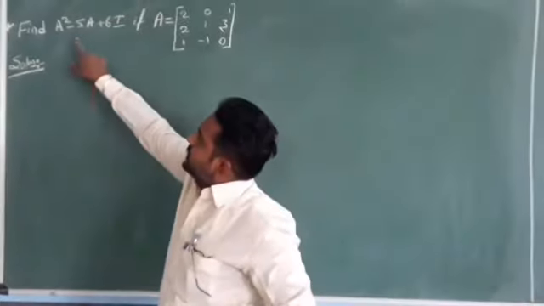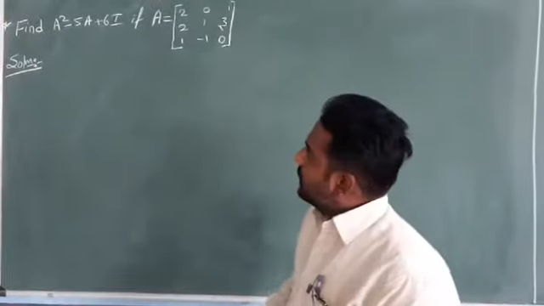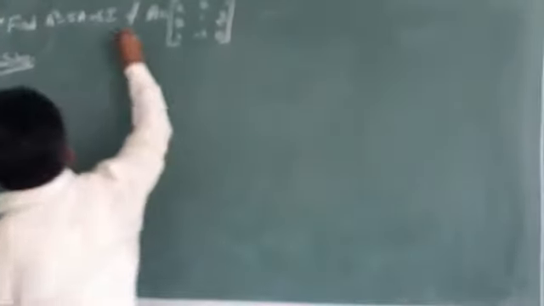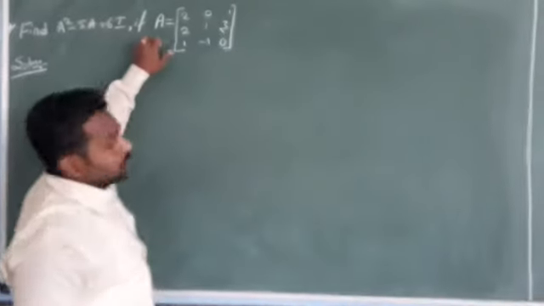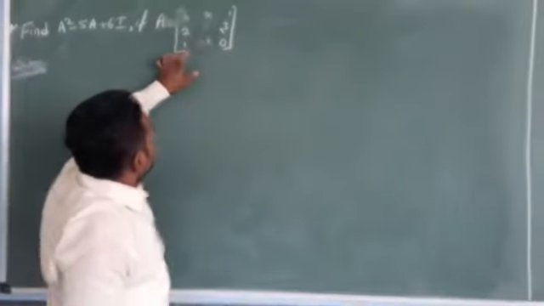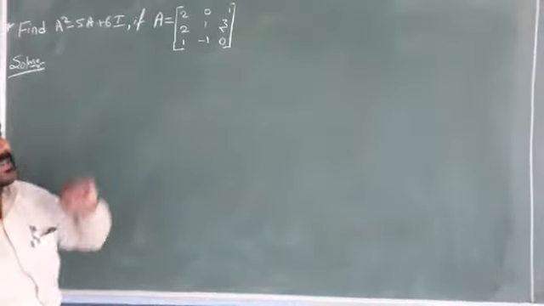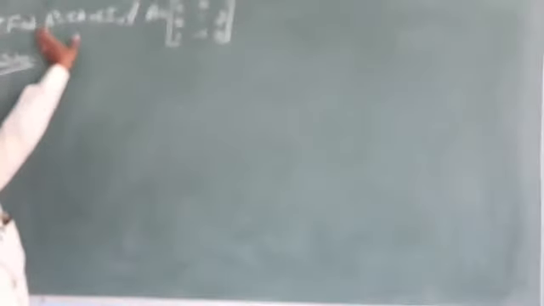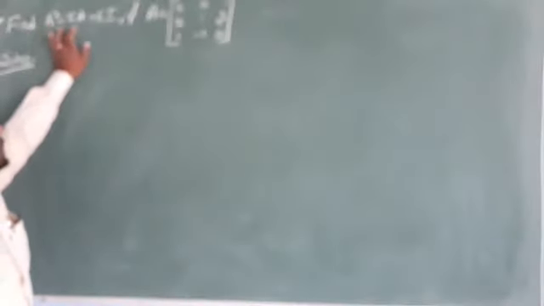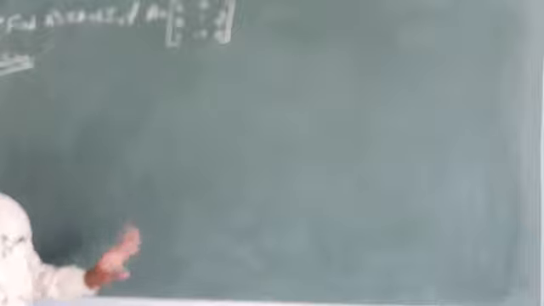Find A square minus 5A plus 6I if A equals [2, 0, 1; 2, 1, 3; 1, -1, 0]. They have given the matrix A and they ask for the value of A square minus 5A plus 6I.